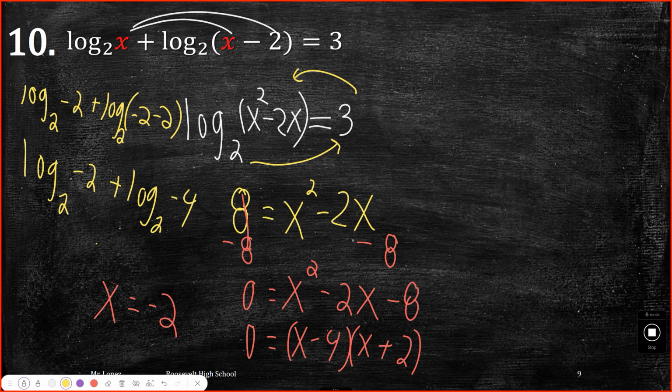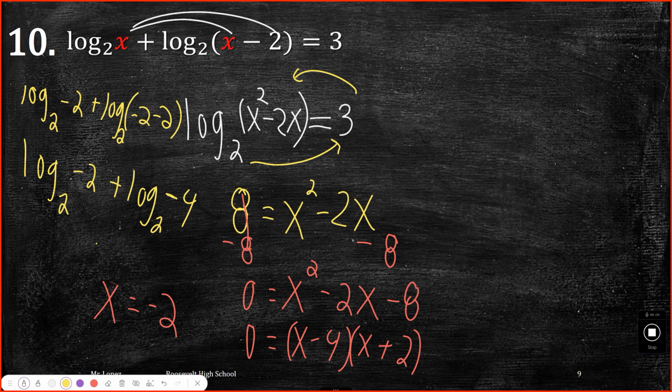That should be fine? Is that going to be fine? Do this in a calculator. 2 to what power will give you negative 2? There's no way. 2 to what power will give you negative 4? That's not going to work. Does it say error or something?